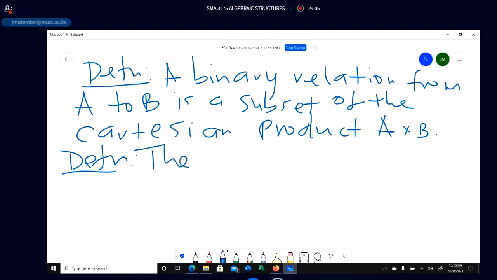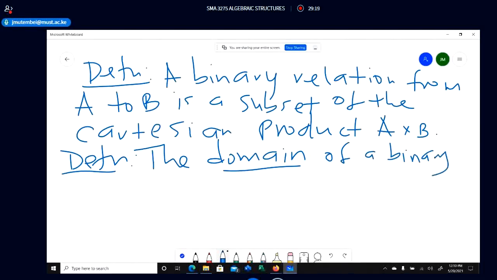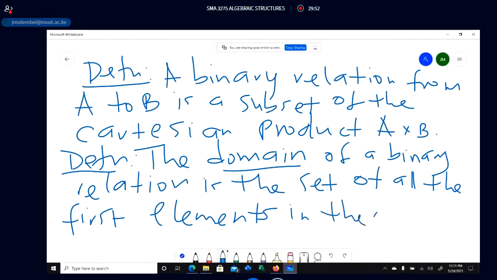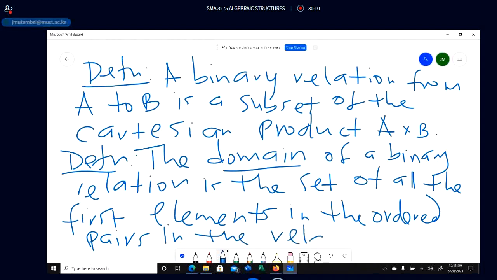We can say that the domain of a binary relation is the set of all the first elements in the ordered pairs in the relation.